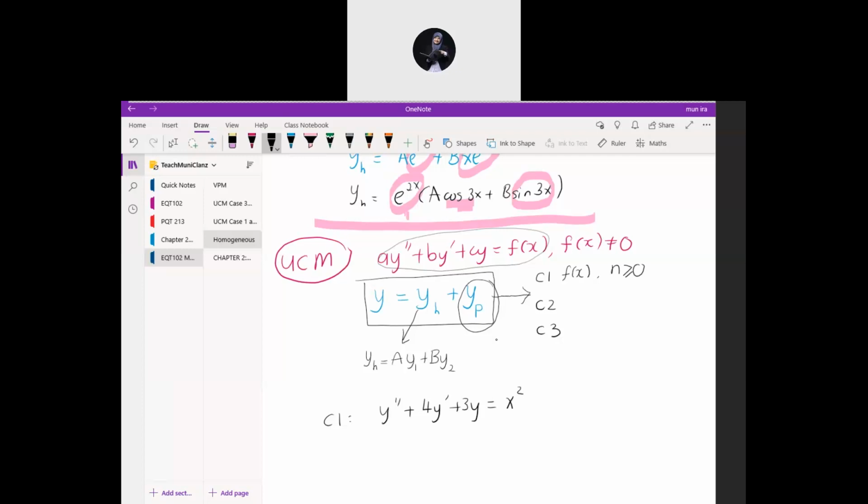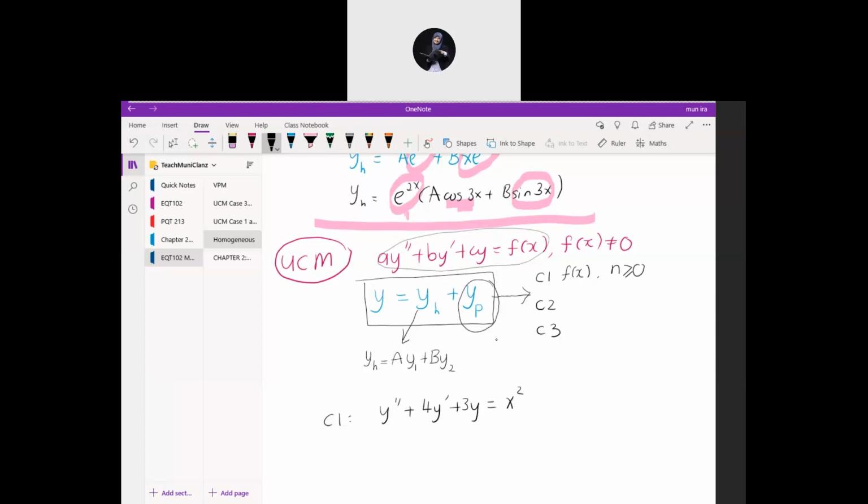Give me 2 reasons. Reason 1: the coefficients are only constants. Because A, B, C are all constants and this equation does not involve any variable, right? Yes, sir. Okay.